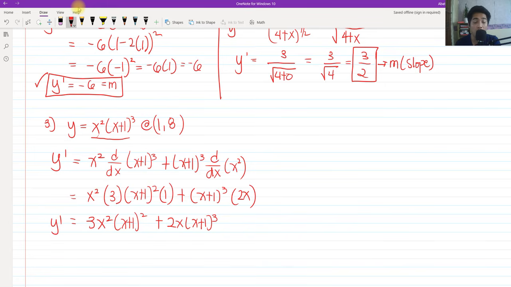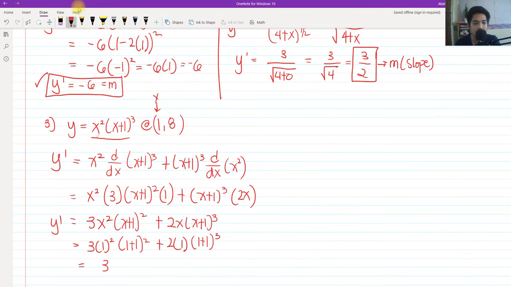So to get the slope of this curve at the point (1, 8), we need to substitute this value of x in our equation. So we have 3 times 1 squared times (1 plus 1) squared plus 2 times 1, and then we have (1 plus 1) cubed. So it's very easy.